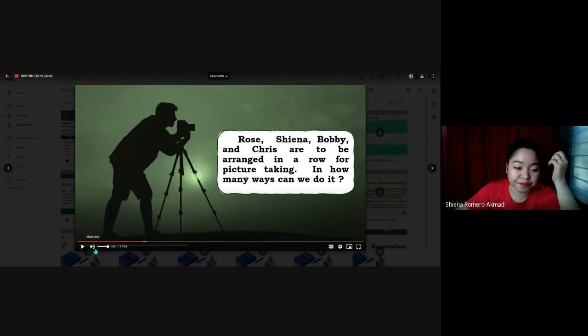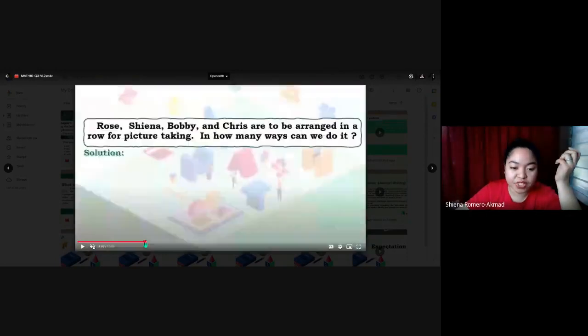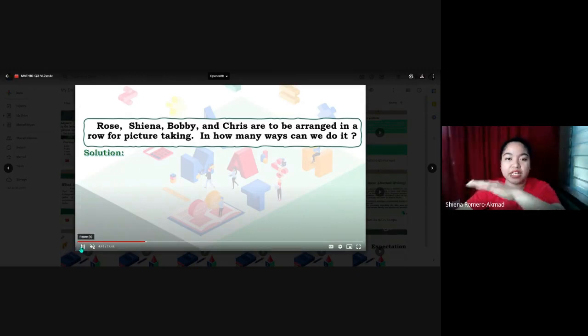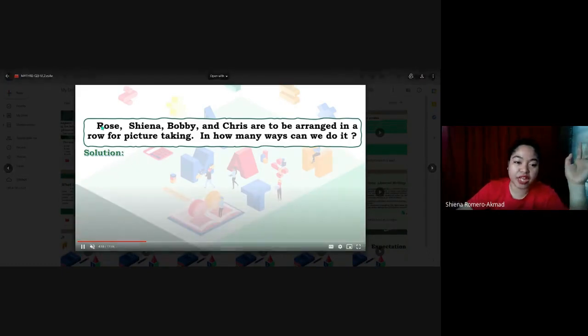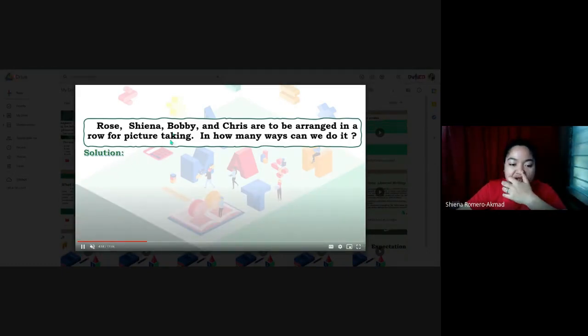So of course, there are 4 positions here. Dahil 4 yung position, we have to fill each position with each person. Pwede tayo mag-start with any one of them. For example, I started with Rose.